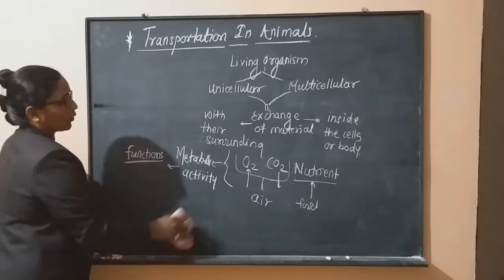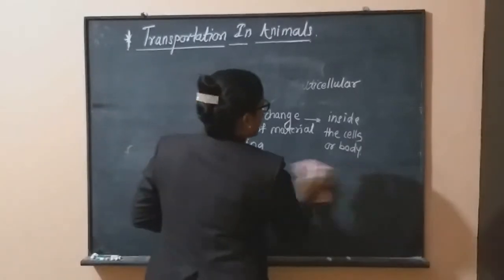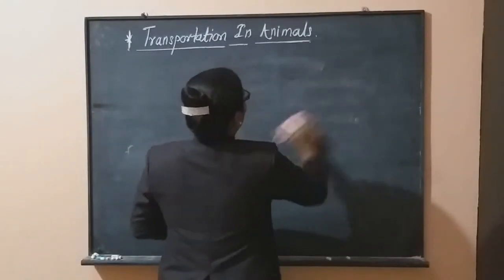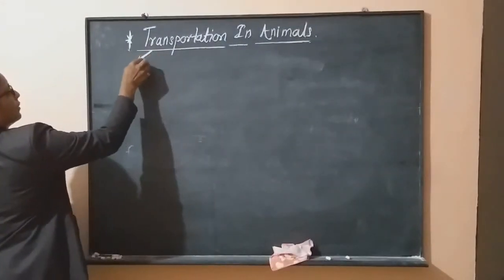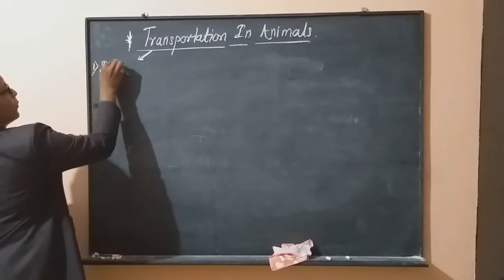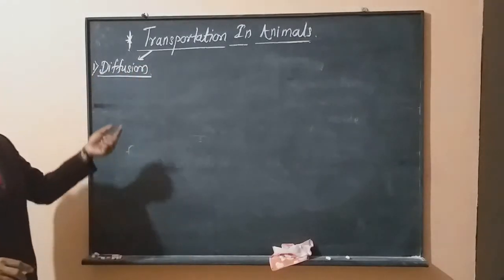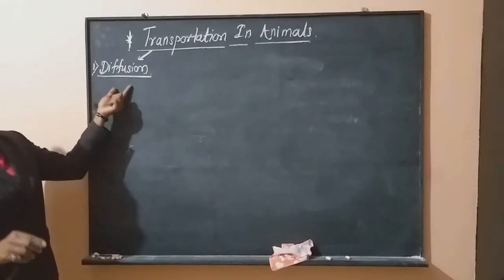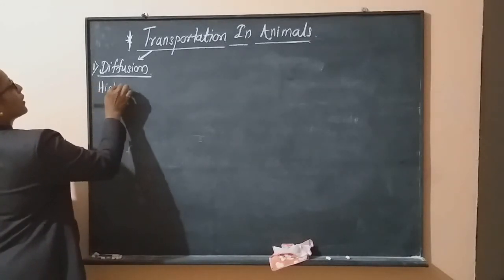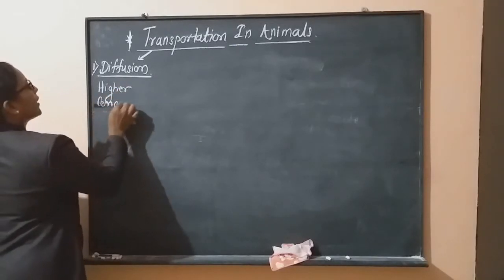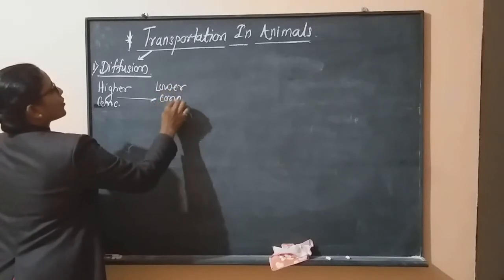Now this transportation in case of animals takes place with the help of different methods. The first method is called diffusion. What is diffusion? Diffusion means the movement of molecules from higher concentration to the lower concentration.